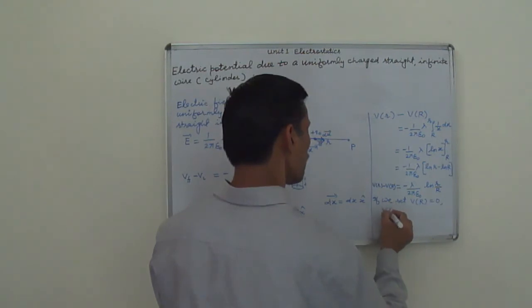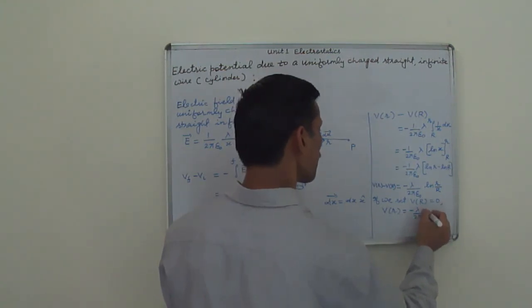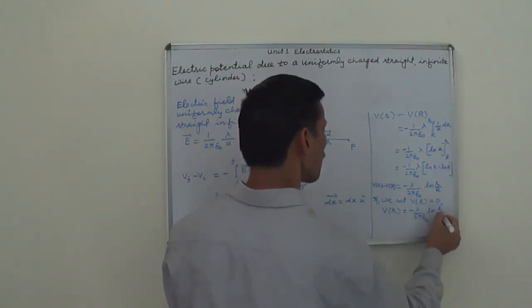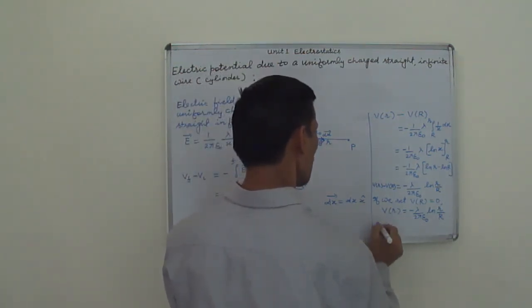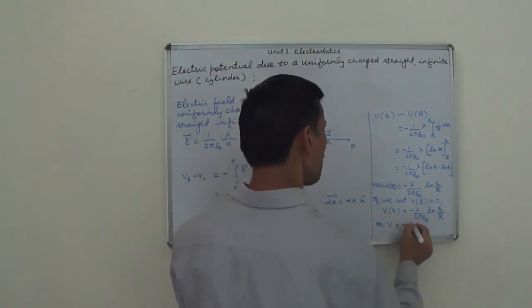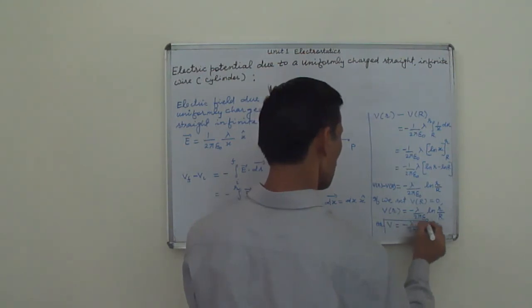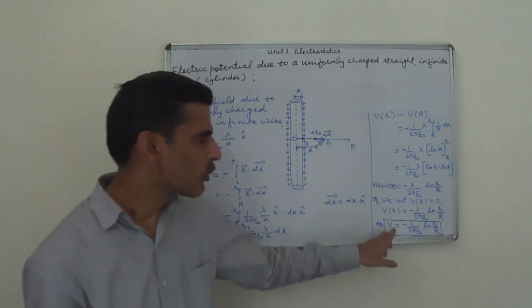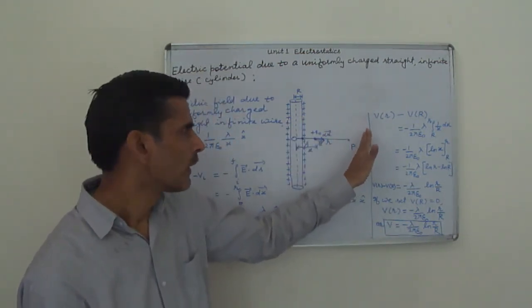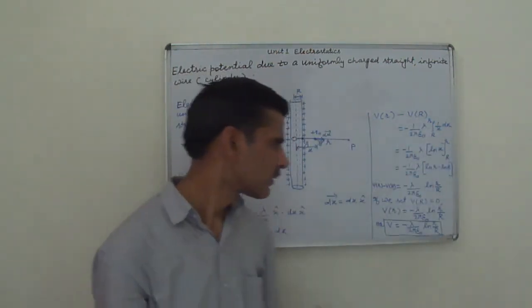In this case, V small r is equal to minus lambda upon 2 pi epsilon naught ln r upon capital R. Or simply you can say V is equal to minus lambda upon 2 pi epsilon naught ln small r upon capital R. So it gives potential at a point small r distance away from the wire.